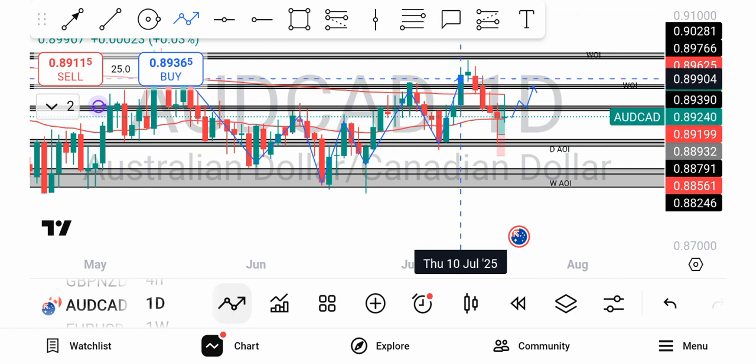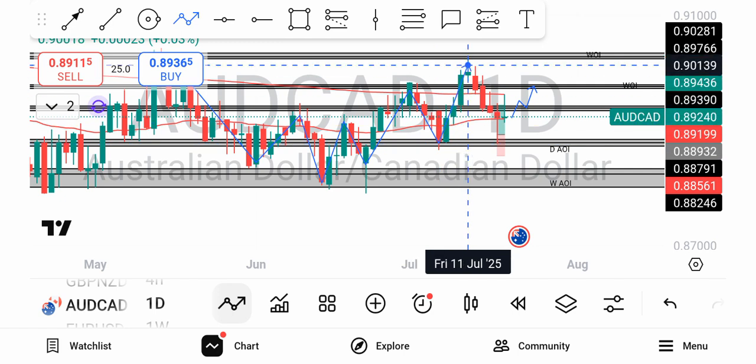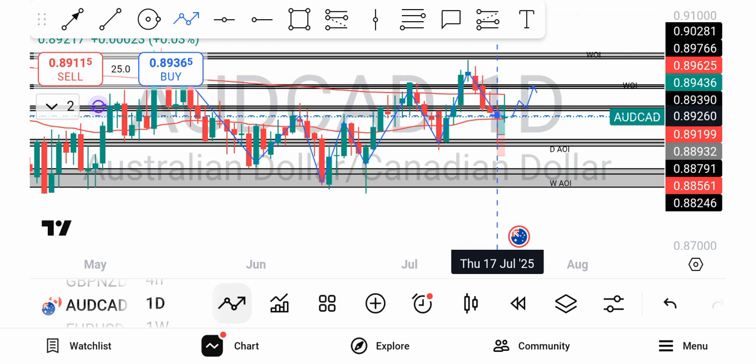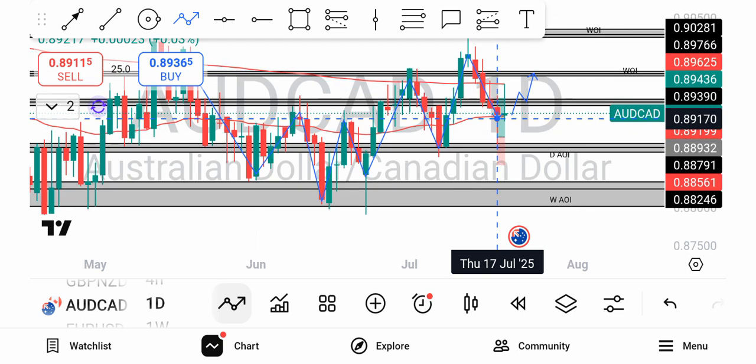Okay, so price moved on, created a new high there. We don't really count the wicks, we count the bodies. Created a new high, came back down, created a new lower high. So price is still on the downfall, you see. So that was last week.